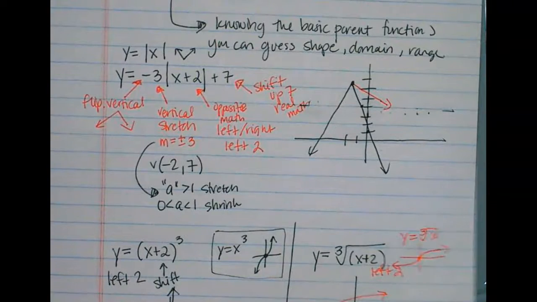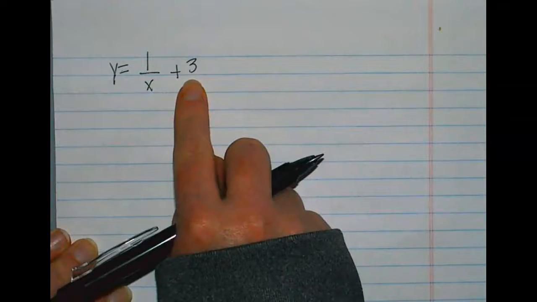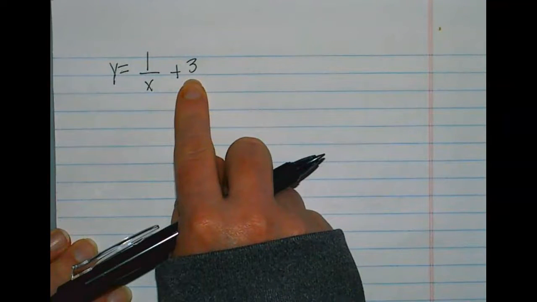Let's do one with 1 over x. Okay, so this next example is y equals 1 over x, plus 3. And this takes the 1 over x graph and shifts the whole thing up 3.